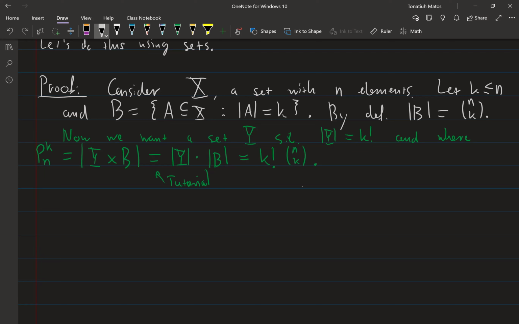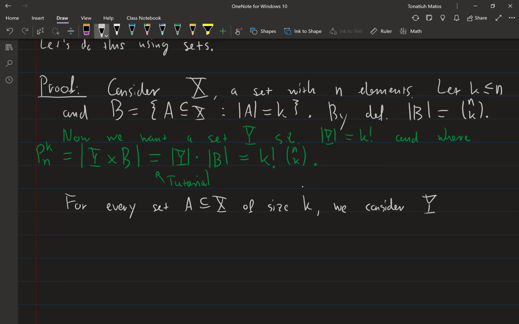So maybe we can define it like this. For every set A, every subset of size k, we consider the following set.